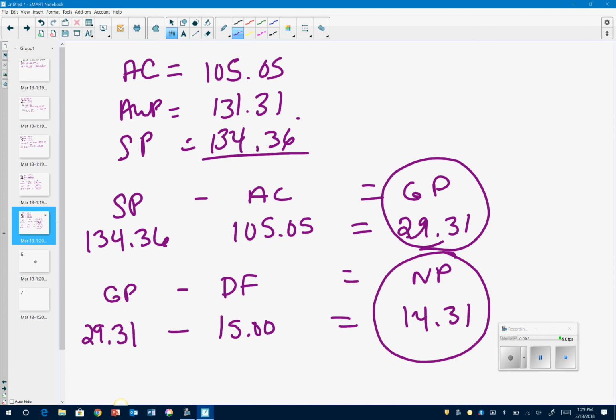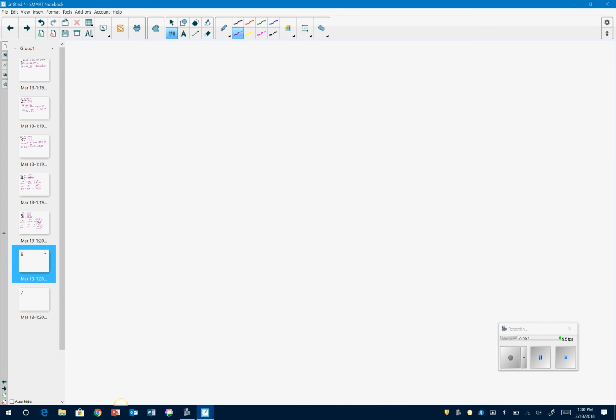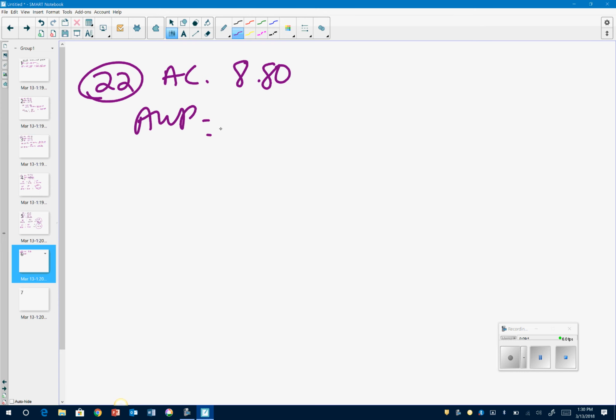Okay, skip over to do one that has a little bit smaller amount. If you go over here to number 22, and of course your lorazepam 1 milligram tablets, it tells you that your acquisition cost is $8.80. The AWP is going to be $9.80.